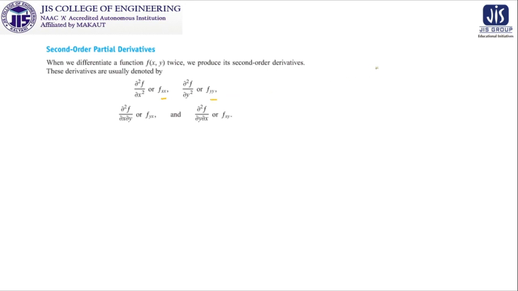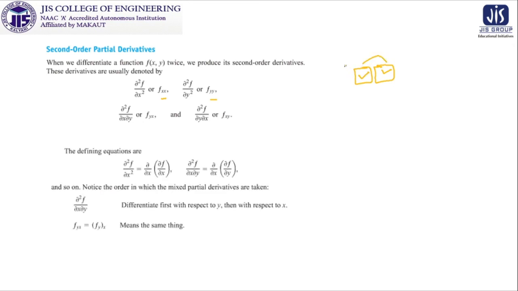You have to keep in mind that here there is one partial derivative, then another partial derivative, and the combination of them. The defining equations of this are also given over here. And also if you want to differentiate partially with respect to both x and y, then you can get this.